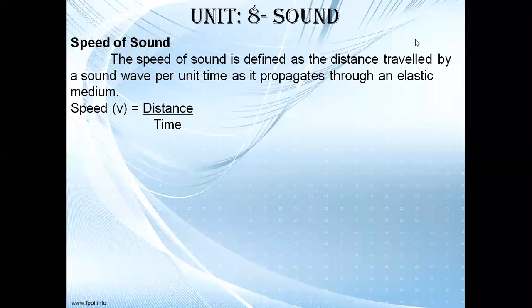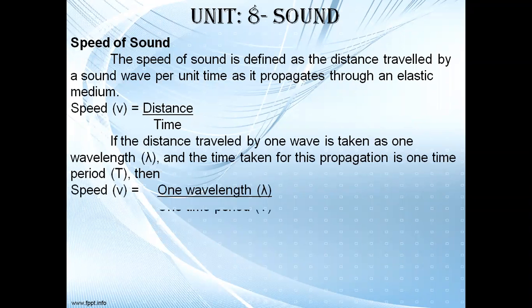Suppose the sound travels one wave, so we take the wavelength lambda, and the time taken for its propagation is the time period T. So the speed is one wavelength, lambda, divided by one time period.